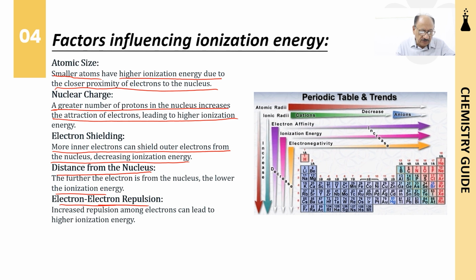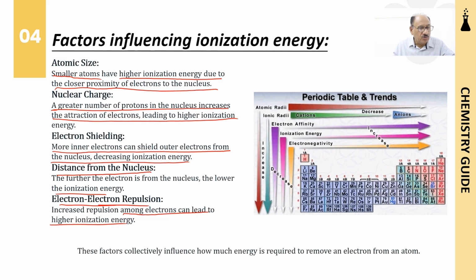Increased repulsion among electrons can lead to higher ionization energy also. So these factors collectively influence how much energy is required to remove an electron from an atom. Collectively these five factors determine how much ionization energy will be required.